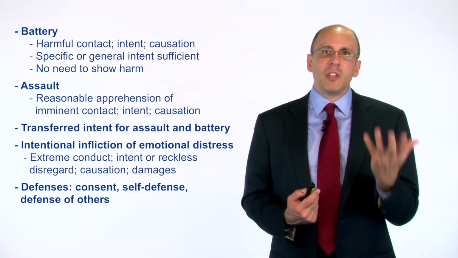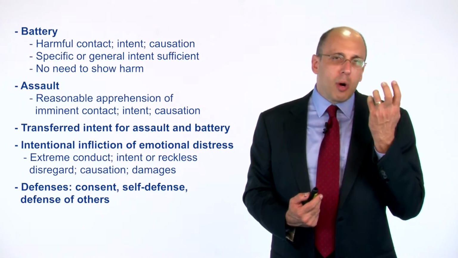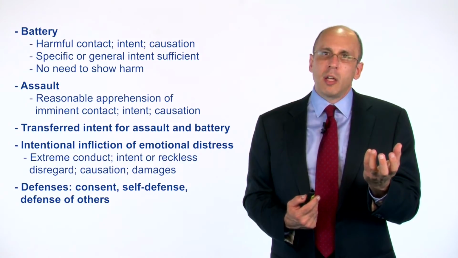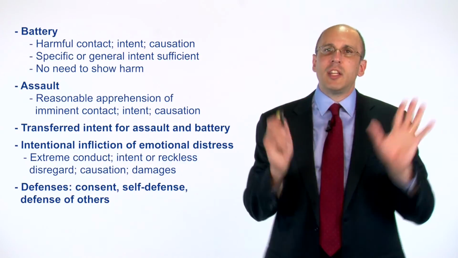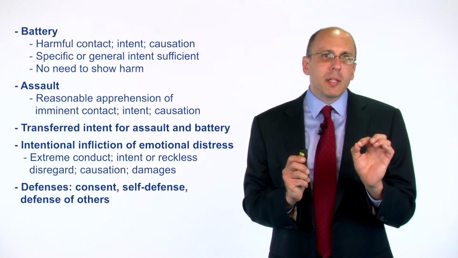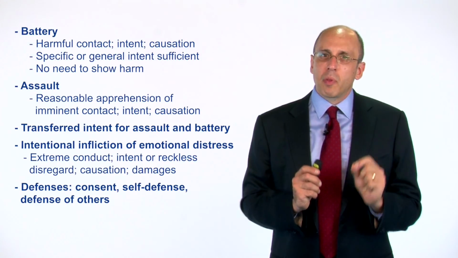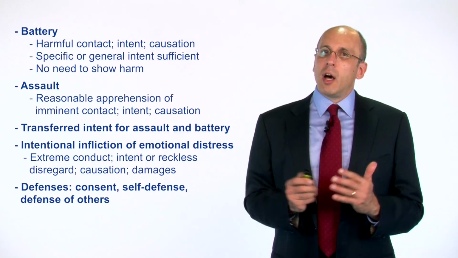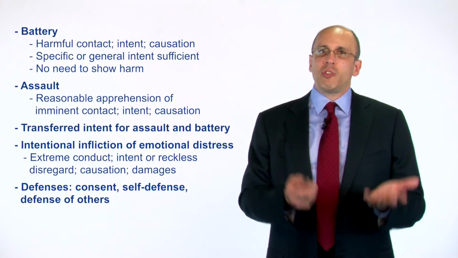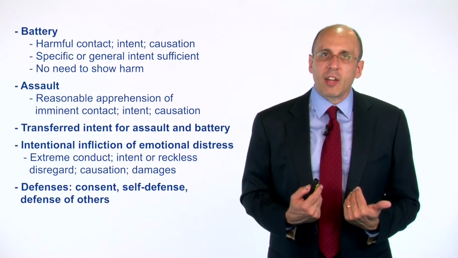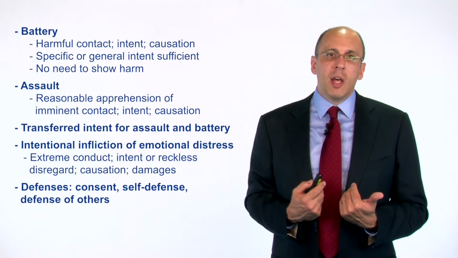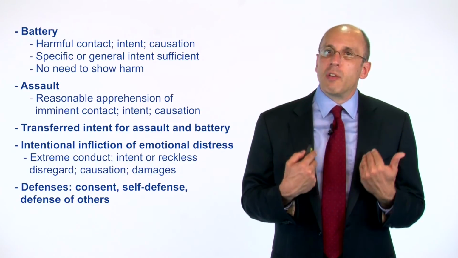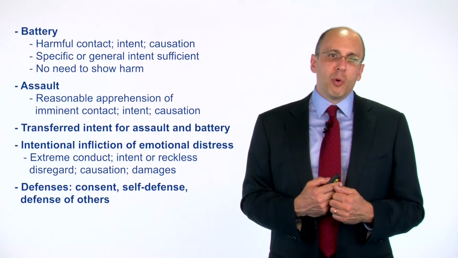So once the plaintiff has made his or her prima facie case that there's an intentional tort going on, the defendant can say, yes, I did everything that you said, but I have a defense. And so when we look at defenses to intentional torts, these are things that the defendant actually has the burden of proof on. That's why they're called affirmative defenses. They're things that the defendant affirmatively has to prove.